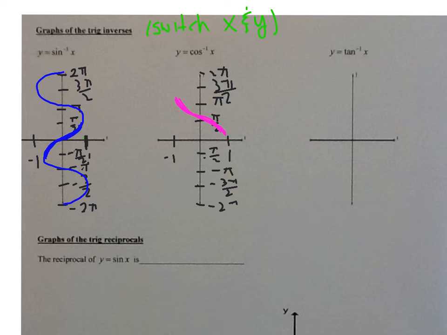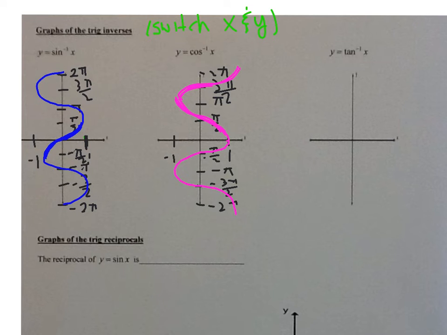So let's continue it. It'll look like this. Okay, so that's the inverse of the cosine curve. Again, it looks like a snake, but it has its max on the axes here.